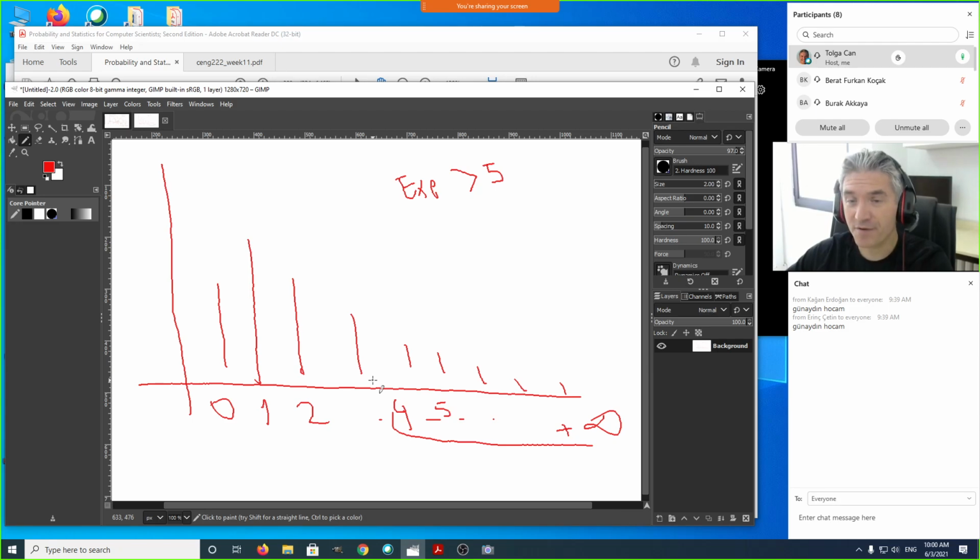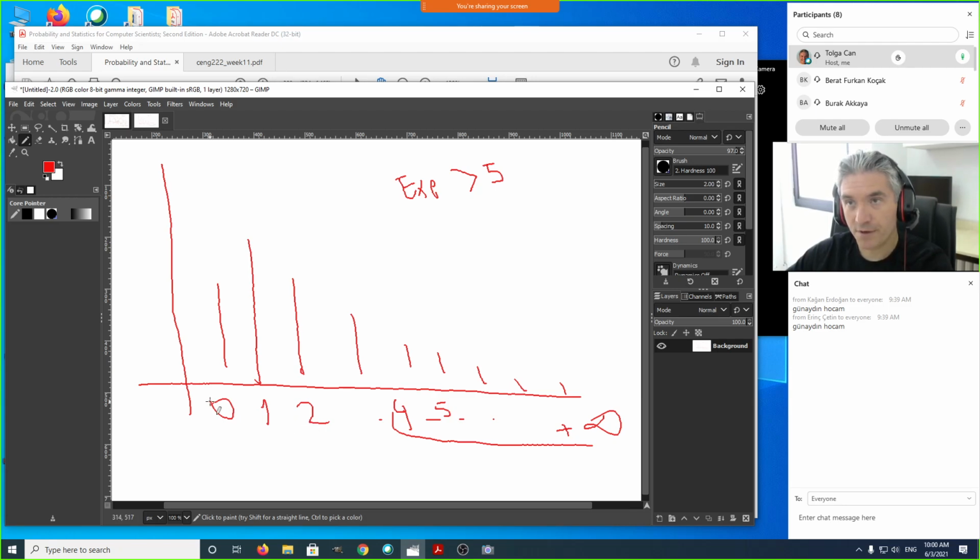Otherwise, your degree of freedom is going to be very low, right? You don't want your degree of freedom to be very low. The higher the degrees of freedom, the more you'll be able to find some significance.